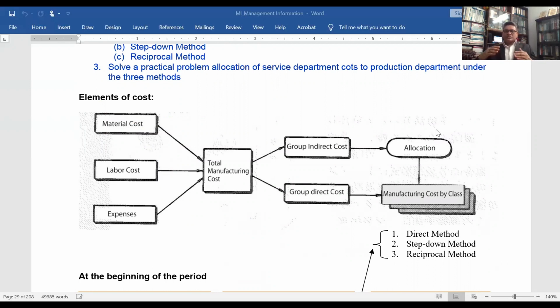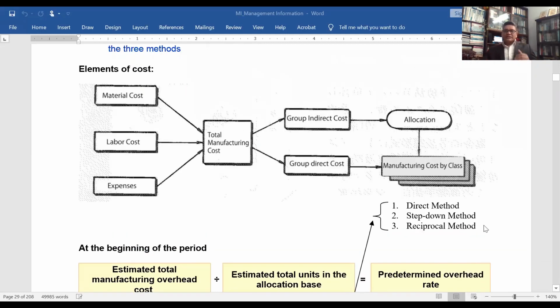This cost is transferred into the direct manufacturing cost. Here, the overhead cost needs to be allocated for finding the unit costs. So there are 3 methods: direct, step-down, and reciprocal method.